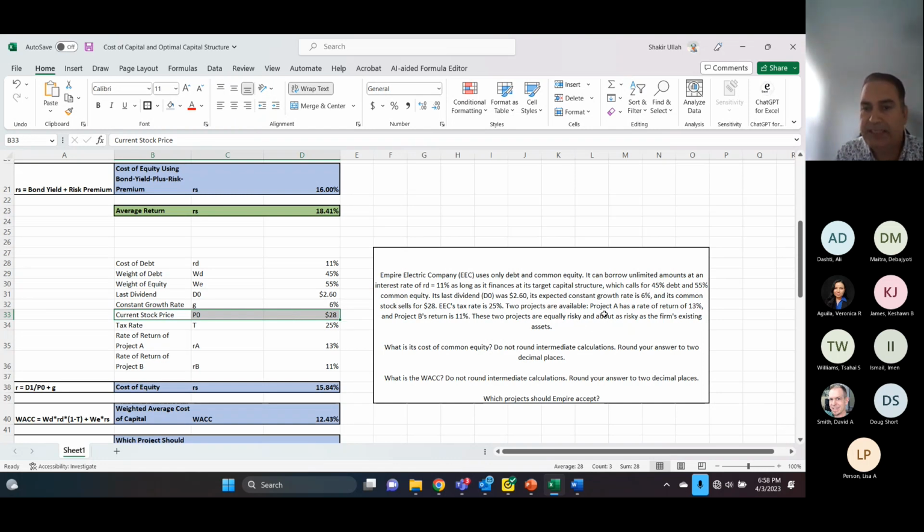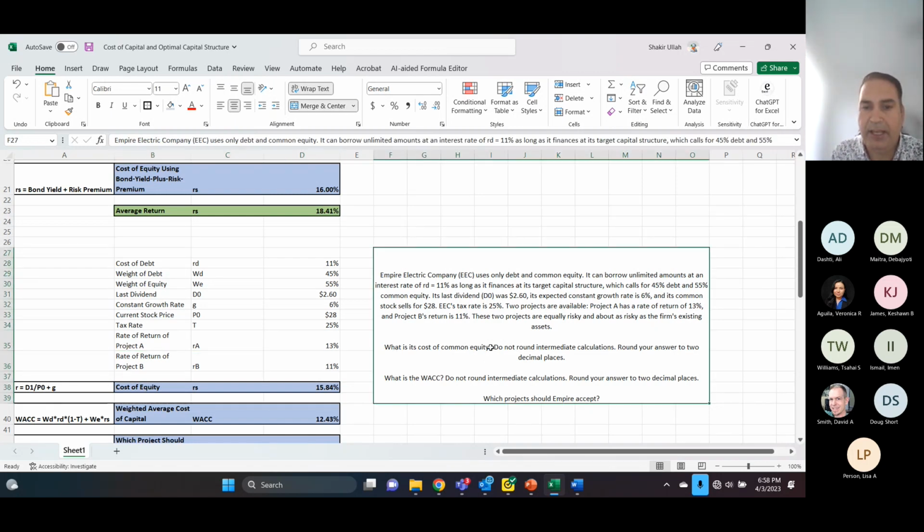And there are two projects available. Project A has a rate of return of 13%. So I note that down. Rate of return of project A, 13%, and rate of return of project B, 11%. So they're asking us the next question, which project should be accepted? So what are the things that we need to calculate? We have to find the cost of common equity.